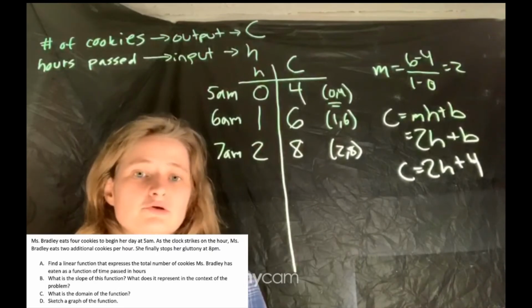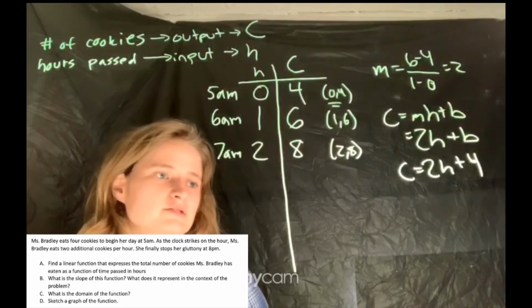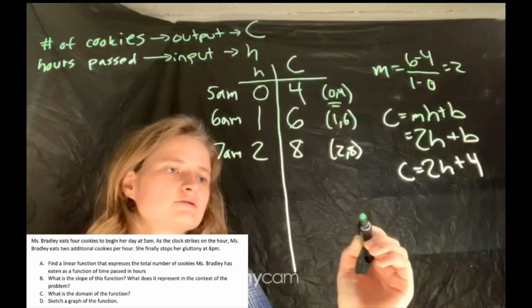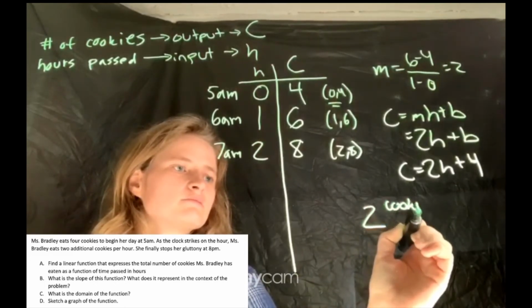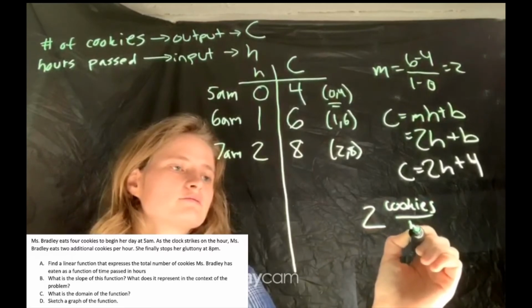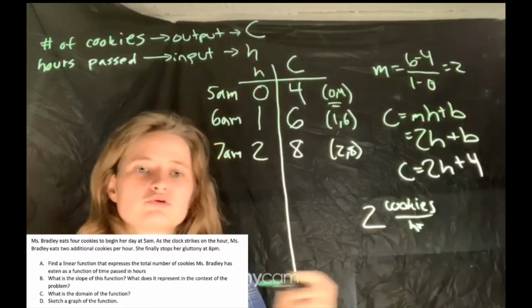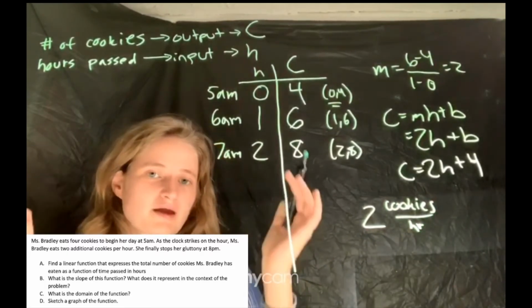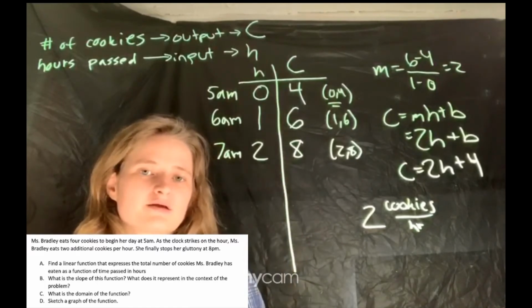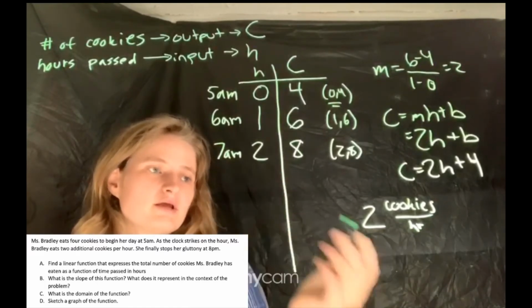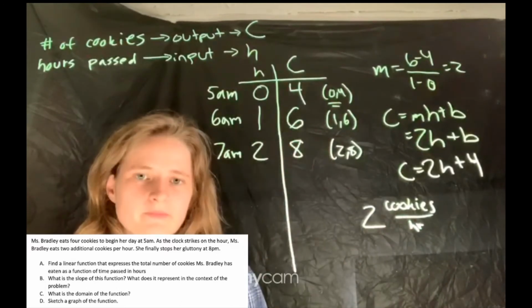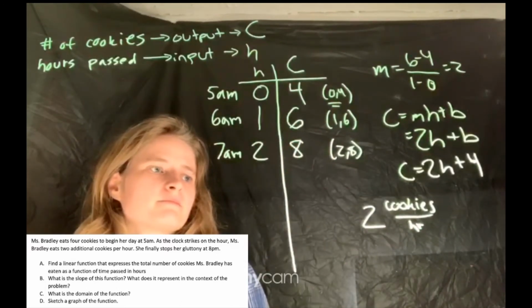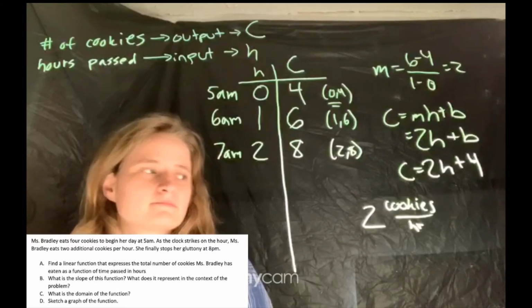You could also just notice that in the problem, they specifically said that I eat 2 cookies per hour. So you could just notice that that's the slope. You don't necessarily have to calculate it out if you can recognize that when they say that, they are indeed just giving us the slope. We don't necessarily have to find all of these points, but you can find all the points.